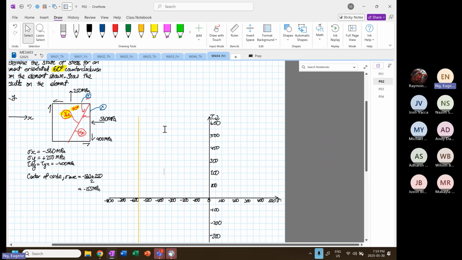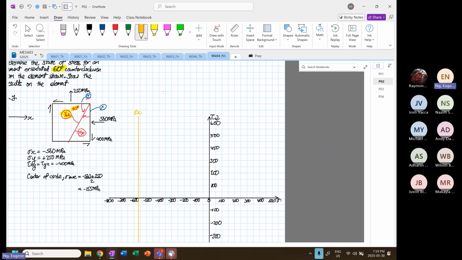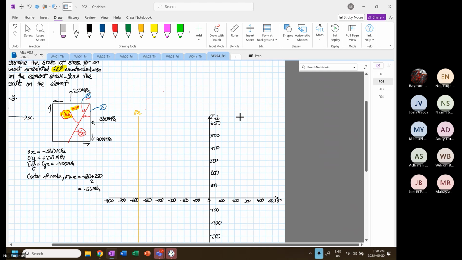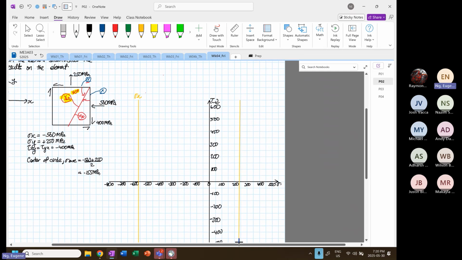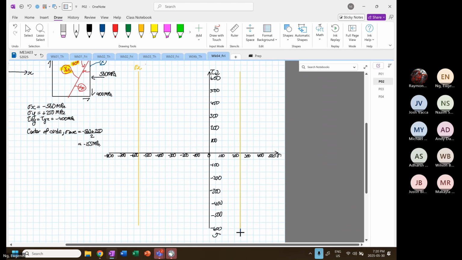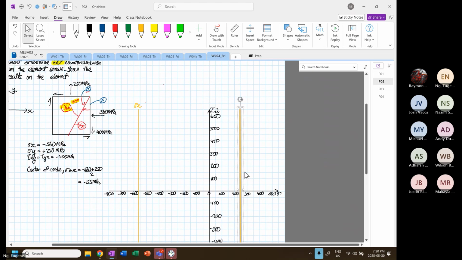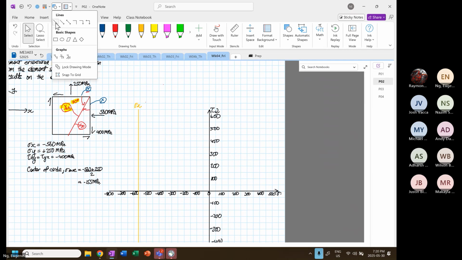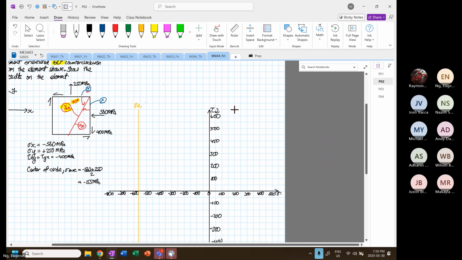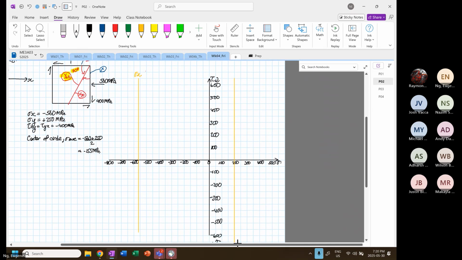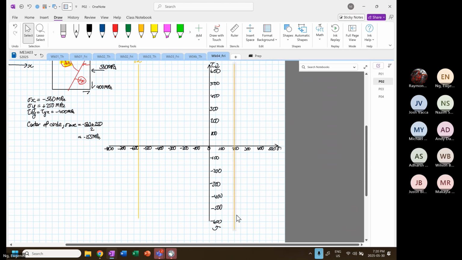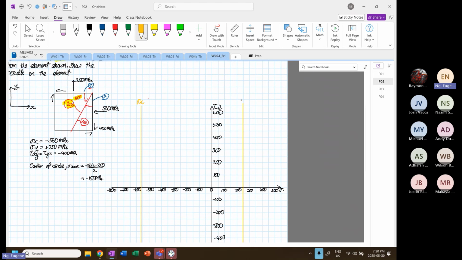So this is our stress X. And then we have a 250, so we have our 250 over here, which corresponds to our stress Y.